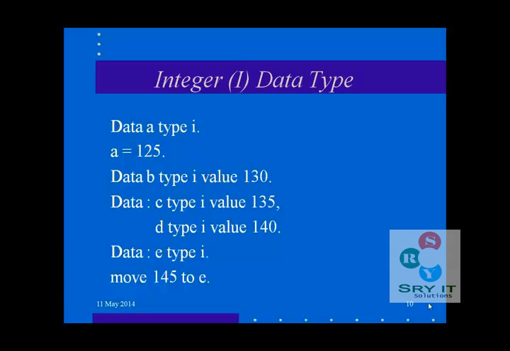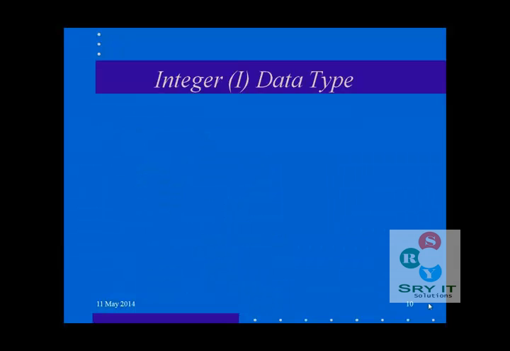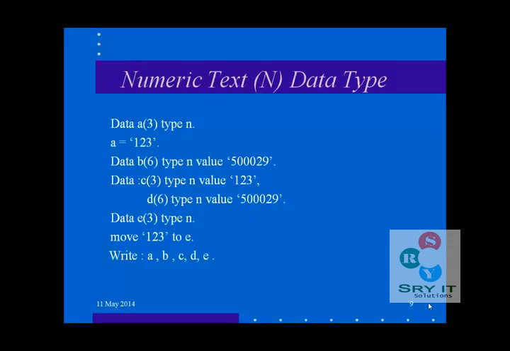See, numeric text is used whenever you want text to come with numbers. Integer holds only integer values. It doesn't allow anything else, and the size is also very small. But for numeric text, you can give a size of 1 to 65,535.